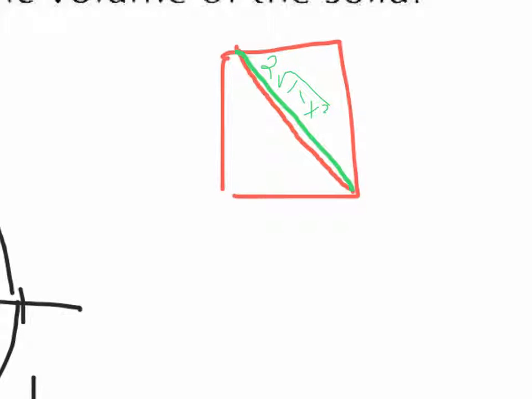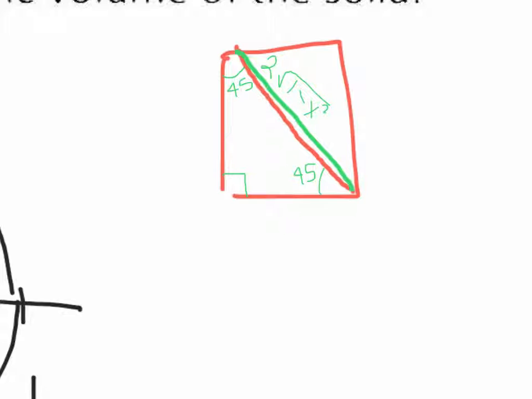Now we need to figure out the area of my square. The area of my square does not depend on my diagonal. It depends on the side lengths of my square. A square has 90-degree angles, so if you draw a diagonal, it cuts them in half. So this becomes 45 degrees, and this one also becomes 45 degrees.